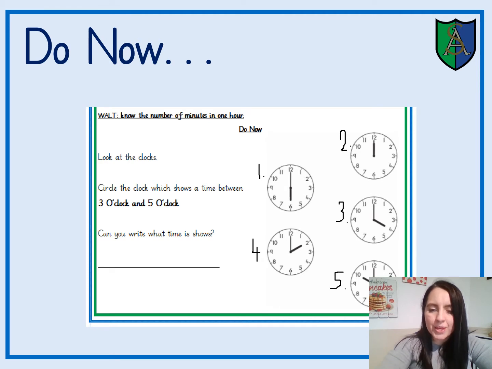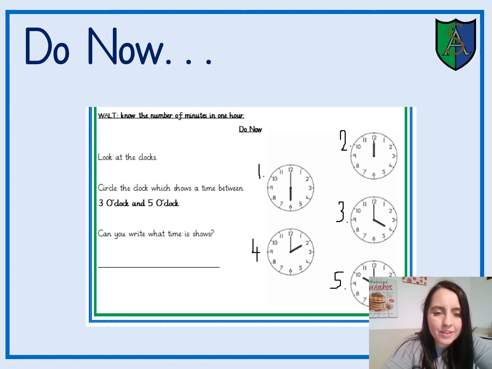We can see that the little hand, the hour hand, is pointing to the hour, and the larger hands, the longer ones, the minute ones, are all pointing to 12. That just means that when it's pointing at 12, we say o'clock.